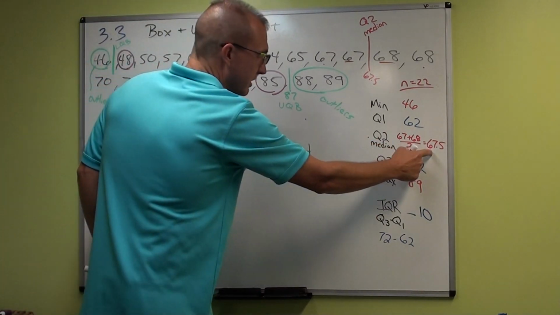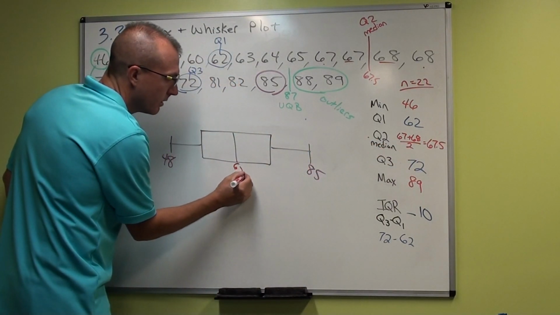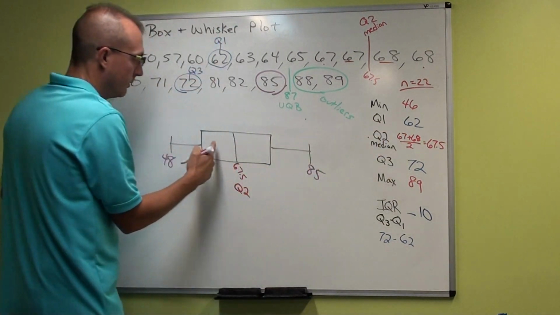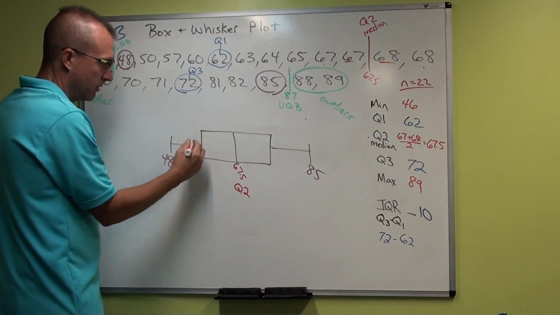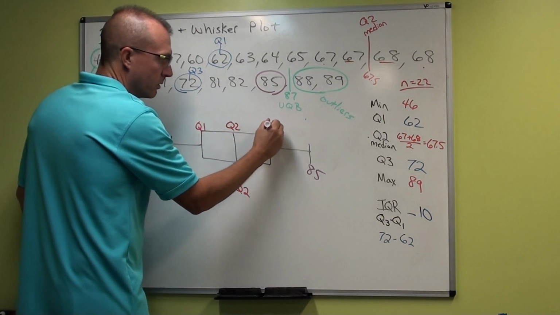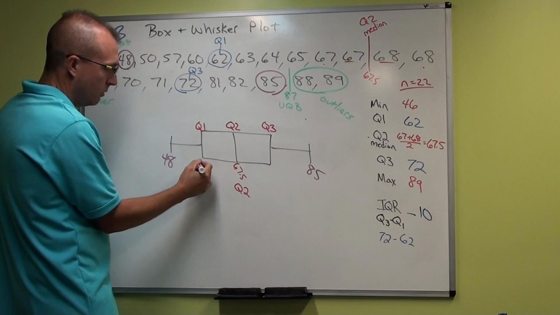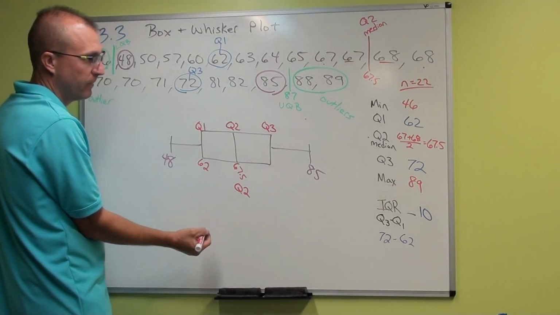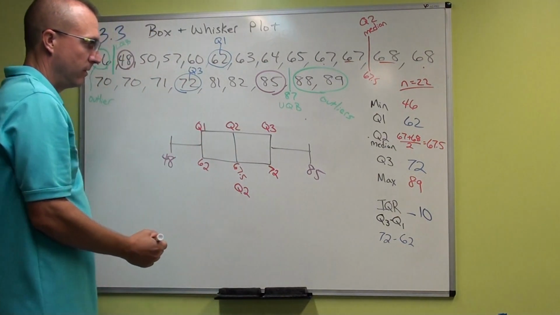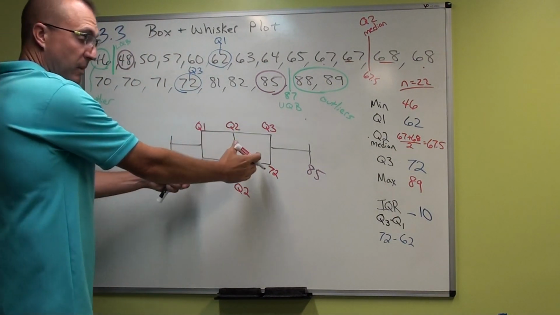Now, we know that our median is 67.5. That's our Q2. Our Q1 is this line right here. Q1, Q2, Q3. Q1 is 62. Q3 is 72. So now your box is finished.